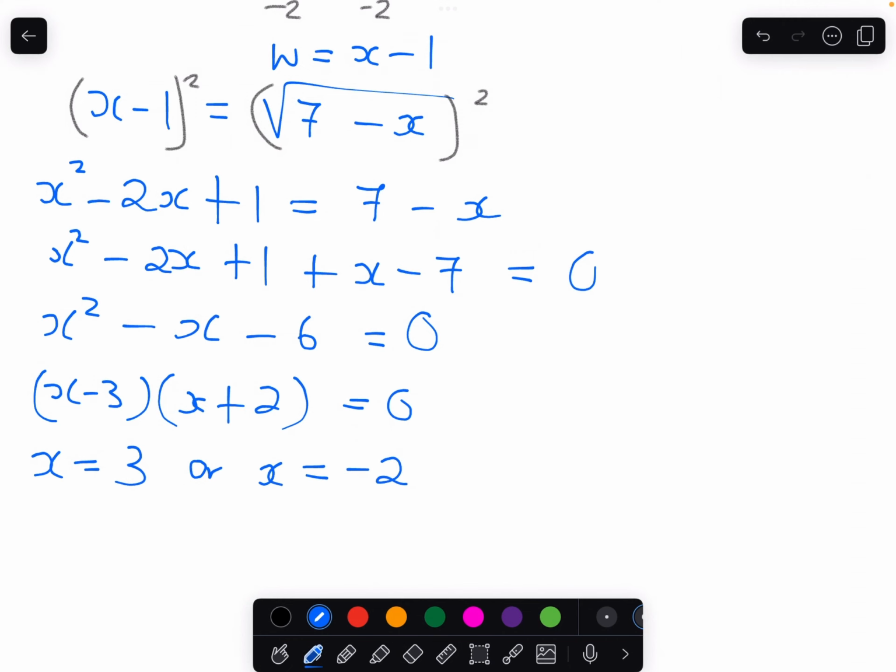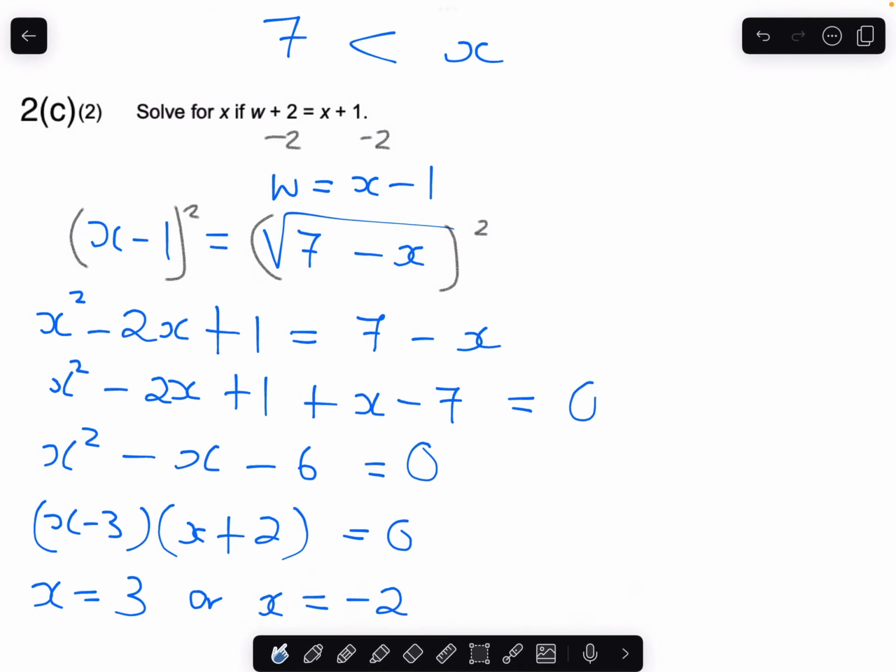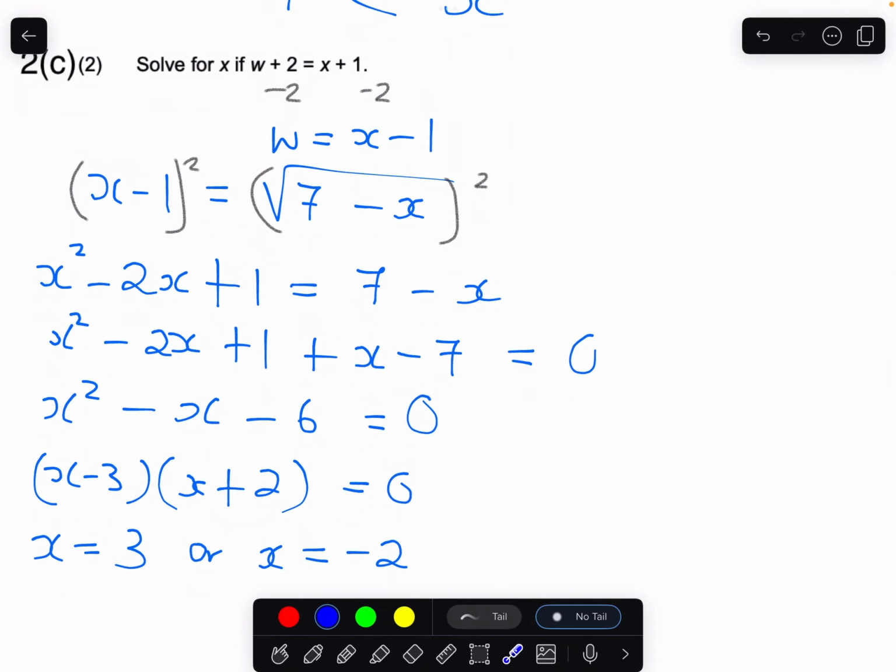However, we do need to test against the original equation, so before we did the squaring, because one of these solutions might assume that we are talking about the negative square root of 7 minus x, which is not the case, right? We are strictly speaking about the positive square root of 7 minus x.